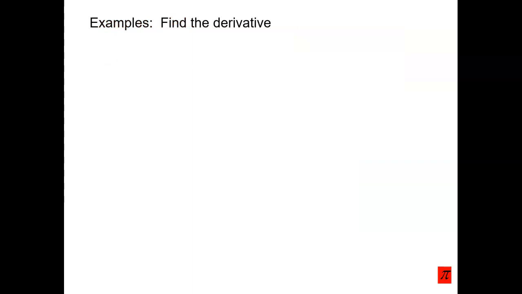Let's try some examples using these rules and rules that we already have developed. If I said to you the function is 2 times 3 to the x plus 5 times e to the x, what would be the derivative? Now here's an example of the constant multiple rule that we talked about in an earlier video.